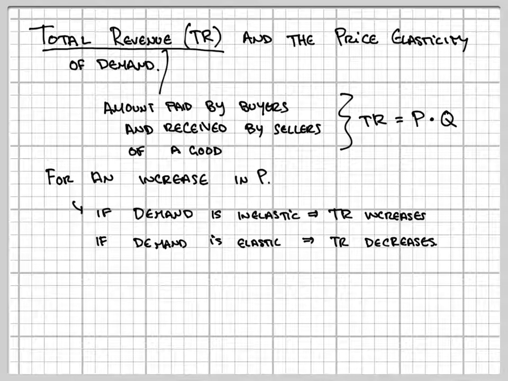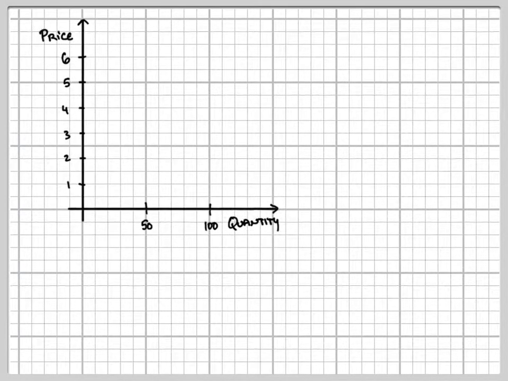Let's see this on a graph. So on a graph, on the demand curve, here are our axes that we were using before. Suppose we have this demand curve. So at a price of, let's do 3, it's easier to see. At a price of 3, quantity demanded is 50. So this is our price.